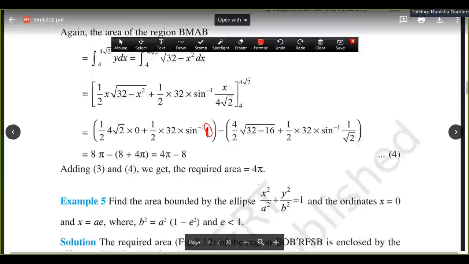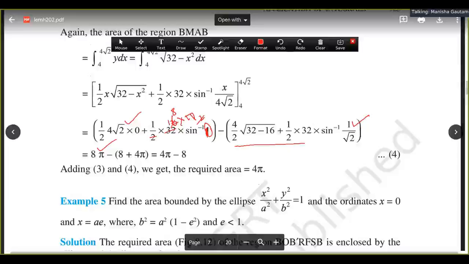That is pi by 2 solved. We are getting 8 pi. And here you have to put 45. Simplify it. This becomes 0, and pi by 2. This comes out 8 pi.